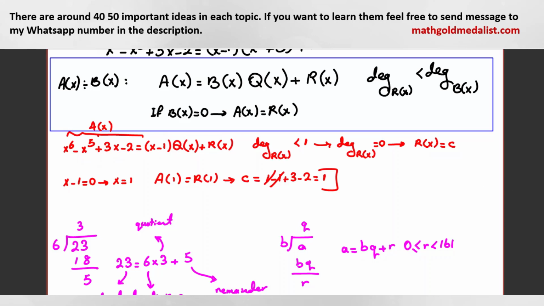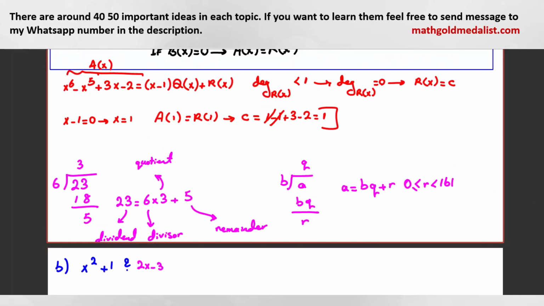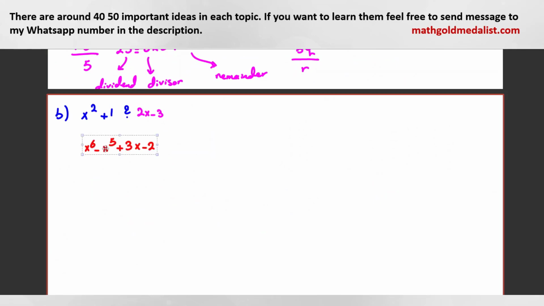Okay, now let's see how we can apply this to harder problems like this one. Again, our a of x is this one. I want to divide it by x squared plus 1 times q of x, plus r of x.